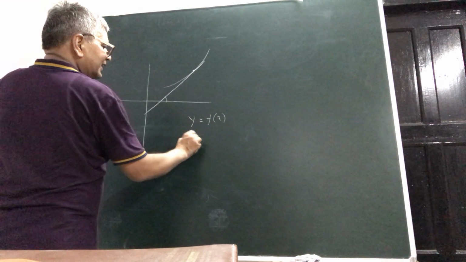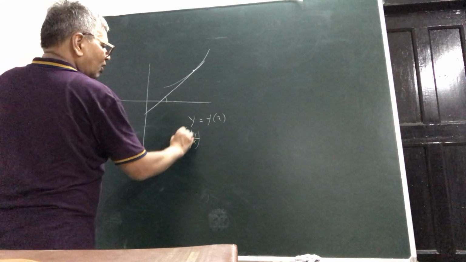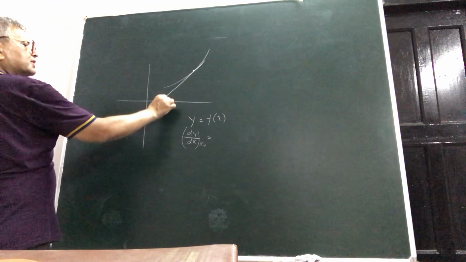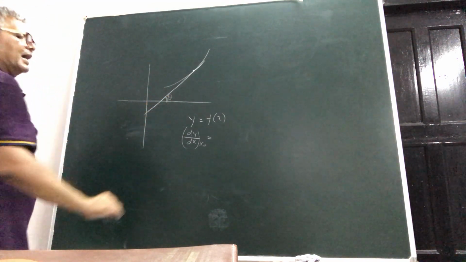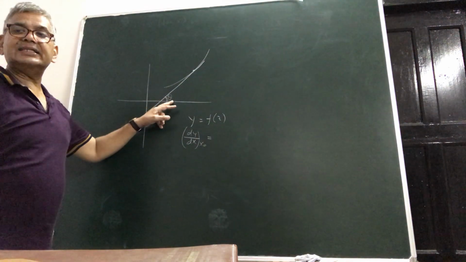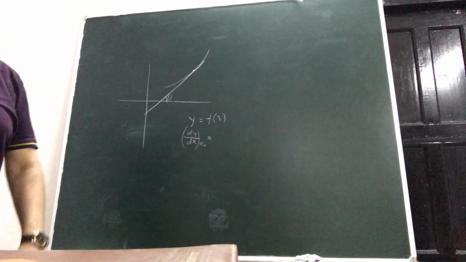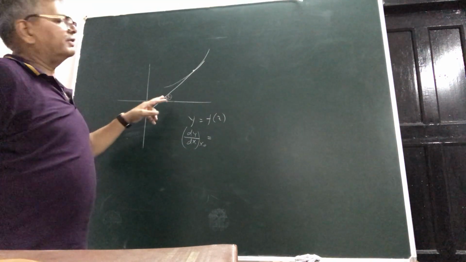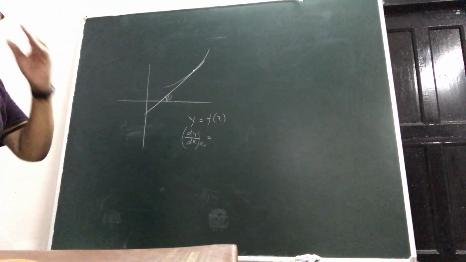So dy/dx at x naught will give you the slope of the tangent you draw. If it makes an angle theta with the positive x-axis, then the value of tan theta is precisely the value of the derivative at that point. So it gives you the slope of the tangent drawn at that point.